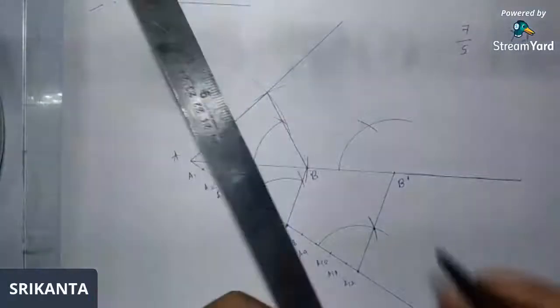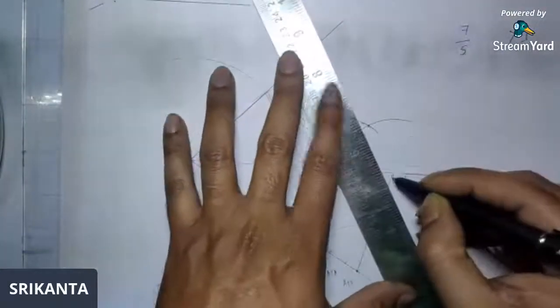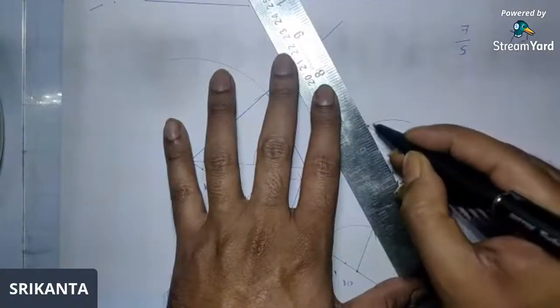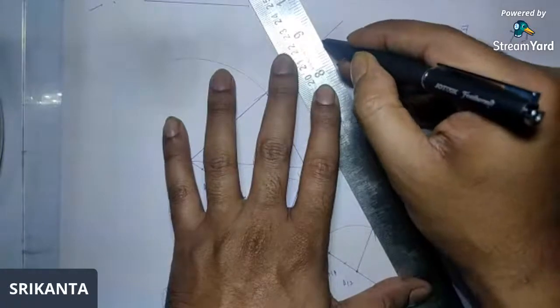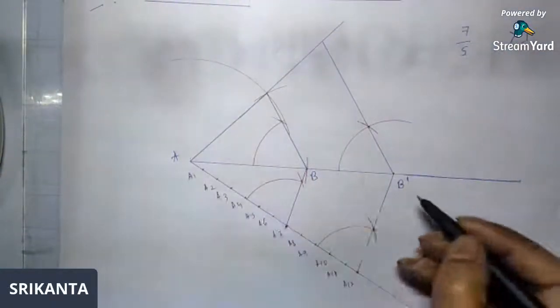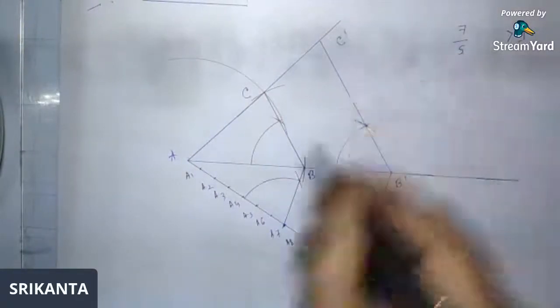Clear? What we'll do is we'll join this point and the point of intersection here. Right? So this becomes A and this becomes C, so this becomes C dash.